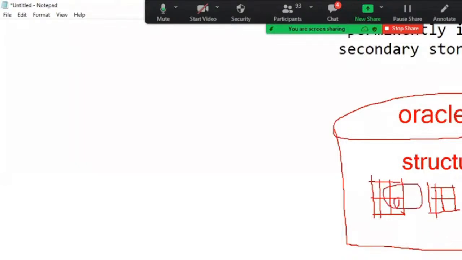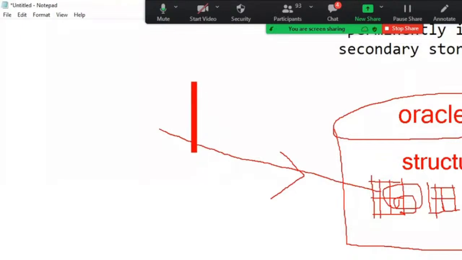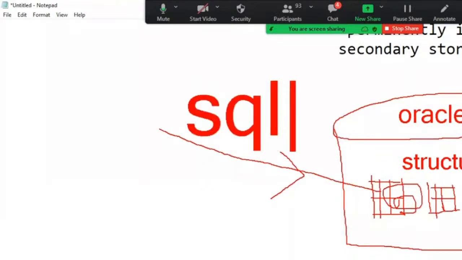Once we have a structured collection of data, to operate on this data some language is required. Maybe anybody has an idea what that language is? SQL, Structured Query Language. Through this language we operate on the structured data in relational databases.